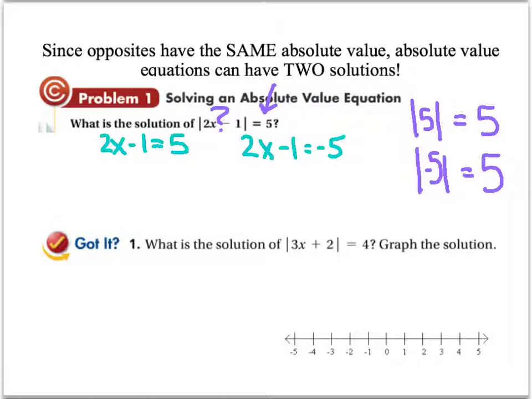That is why we have to set up 2 equations. One equal to 5 and one its opposite. Because 5 and its opposite have the exact same absolute value. So then once you're able to set up your 2 equations, you just solve.